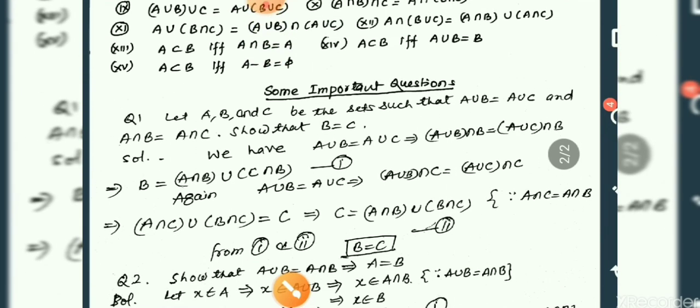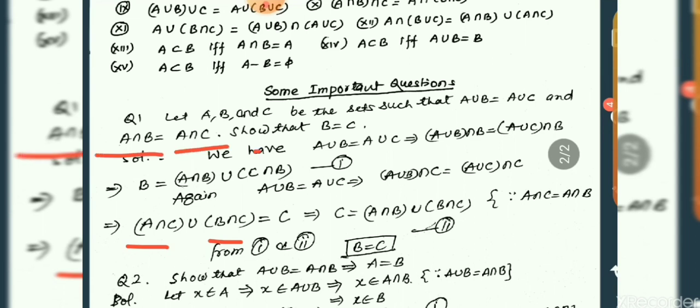So C is equal to A intersection C union B intersection C. We can replace A intersection C by A intersection B, because it is given here A intersection B is equal to A intersection C. So we can write here A intersection B in place of A intersection C.